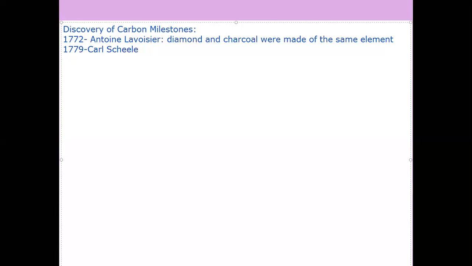Lavoisier showed diamond and charcoal combine with oxygen to form carbon dioxide, and graphite also burned to form carbon dioxide.